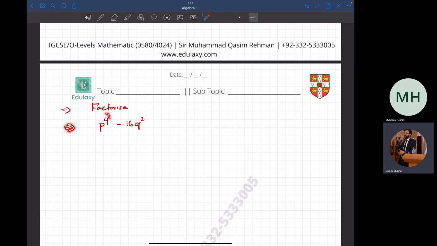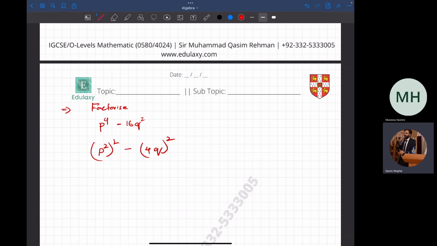I can clearly see I've got two terms and there's a minus sign, so I can rewrite them as a difference of squares. p to the power 4 can be written as the square of p squared, and 16q squared can be written as 4q whole squared.